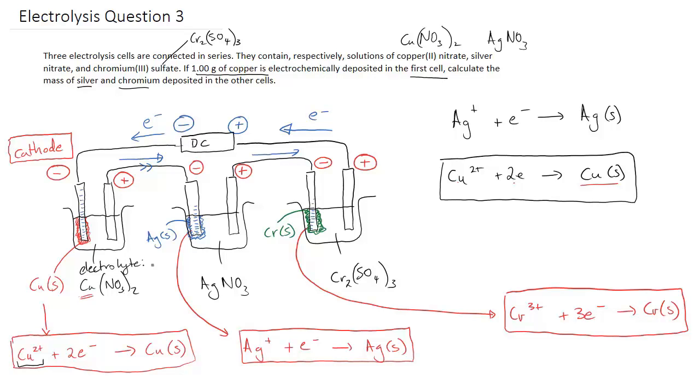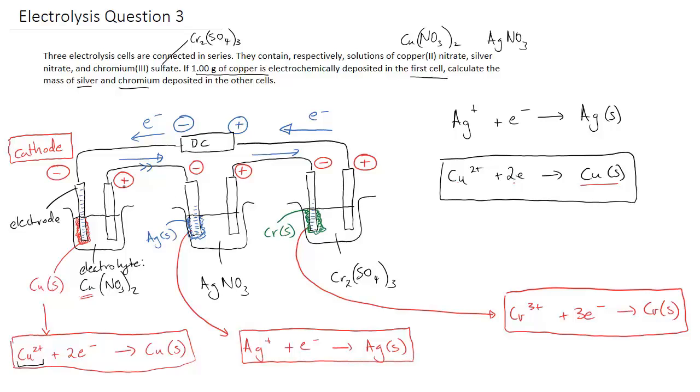The electrolyte is copper nitrate. So you have copper ions in that electrolyte, and they are going to be grabbing the electrons off the electrode and forming copper solid. Same thing here. Silver ions are going to be grabbing electrons and forming silver solid. And finally, on this one here, chromium ions are going to be grabbing 3 electrons and producing chromium solid.